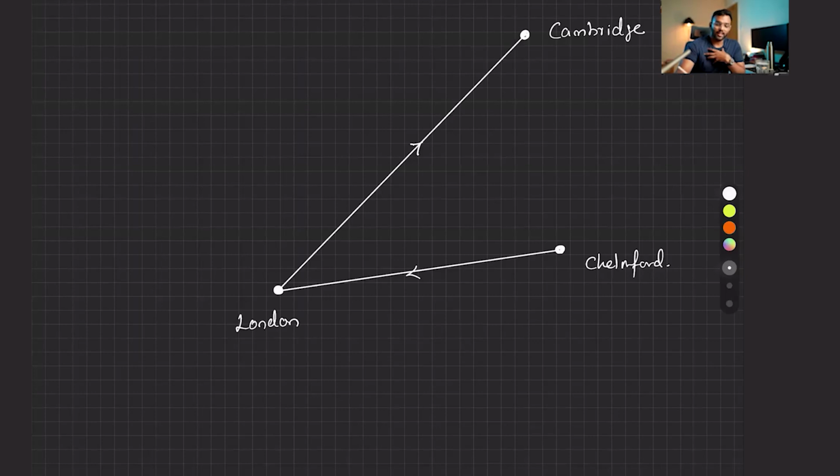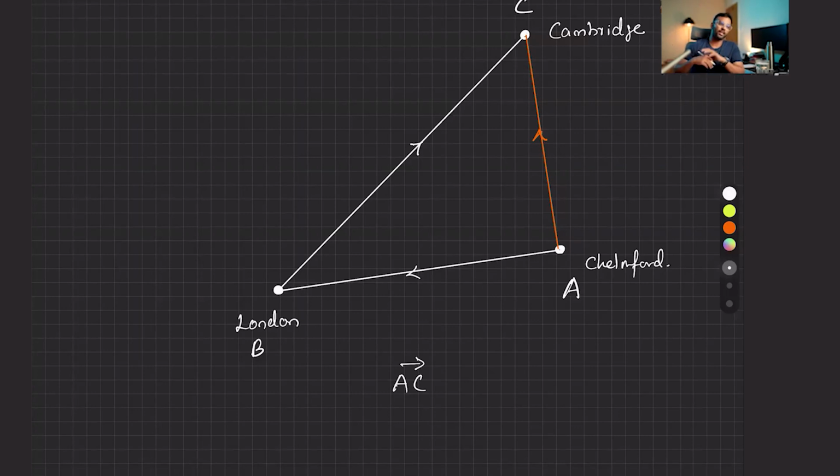So the journey from Chelmsford to Cambridge in vector format, let's say this is A, B, and C. Is it okay to write A to C in that direction?